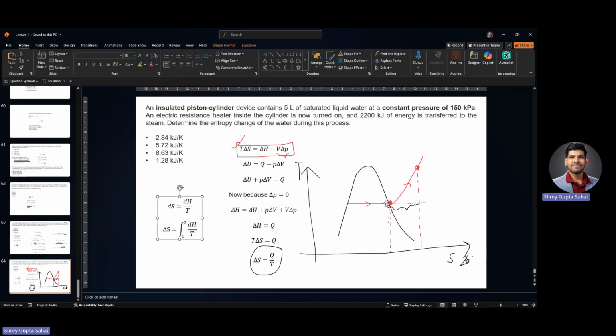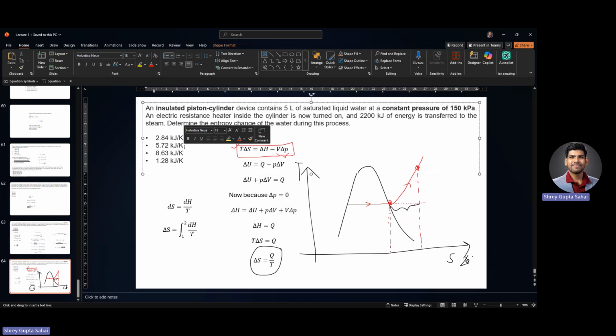So we first need to find that it still remains inside the dome. But as soon as you know that it remains inside the dome, you can use this formula to quickly calculate. If you put 2200 divided by the temperature, which was 111 degrees, in kelvins, you will get 5.72. That is what I'm trying to say here.